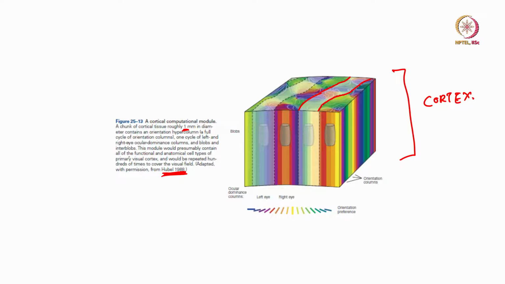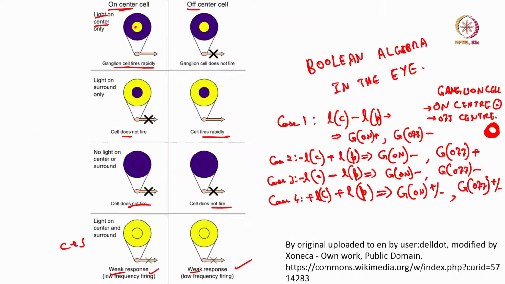This module will presumably contain all of the functional and anatomical cell types of the visual cortex and would be repeated hundreds of times to cover the entire visual field. So, there are cells which are for orientation, then there are cells for dominance, left eye, right eye, and then there are these blobs. So, all these various kinds of data, I think I missed something earlier.